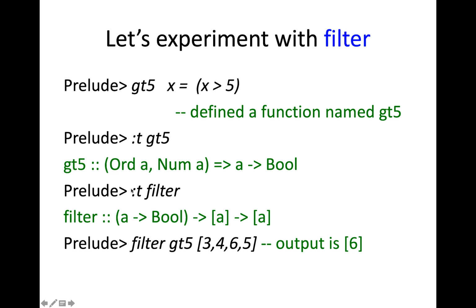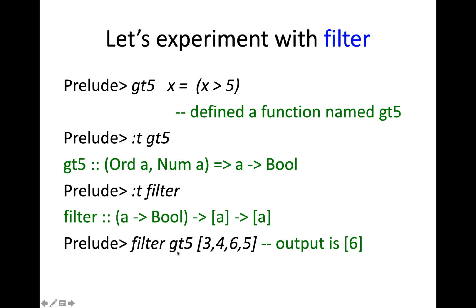If you want to check the type of filter, Haskell will show you this type. How to interpret it? This is the first parameter which filter uses for the filtering purpose, like gt5, and then that filtering function is applied on an input list, and the output is also a list, right?